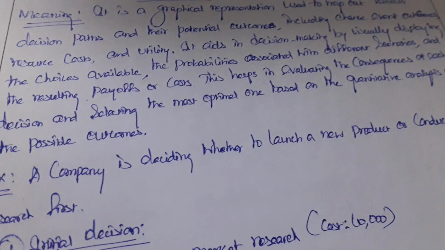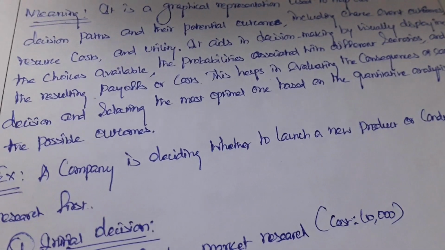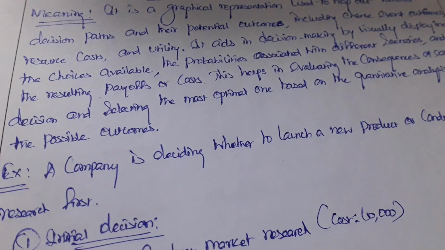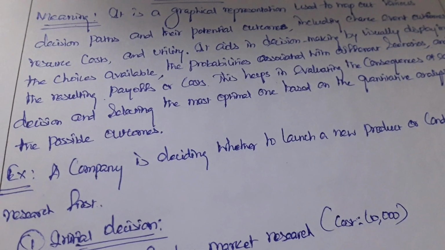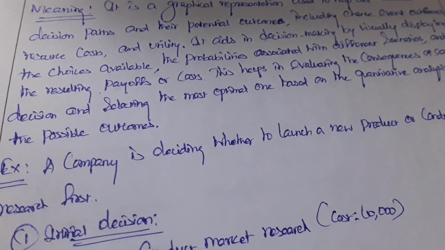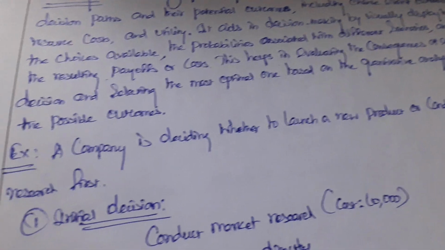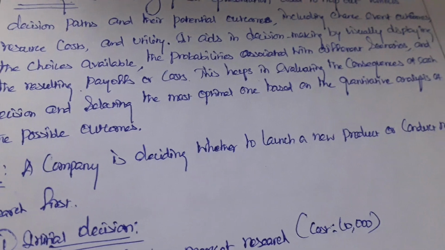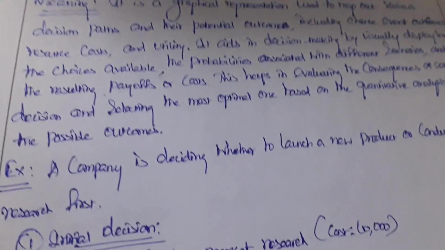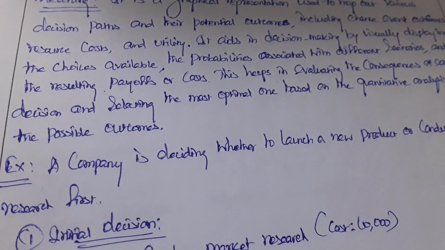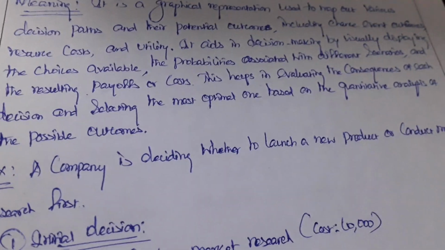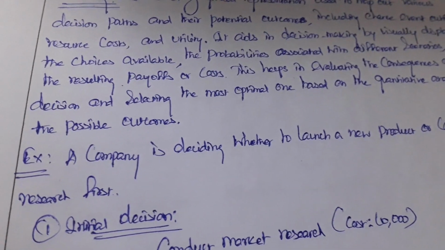We can visually display the choices available in the decision making process, the probabilities associated with the different scenarios, and the resulting payoffs or costs. We can evaluate each of the decisions through the decision tree and select the most optimal one based on certain quantitative analysis.